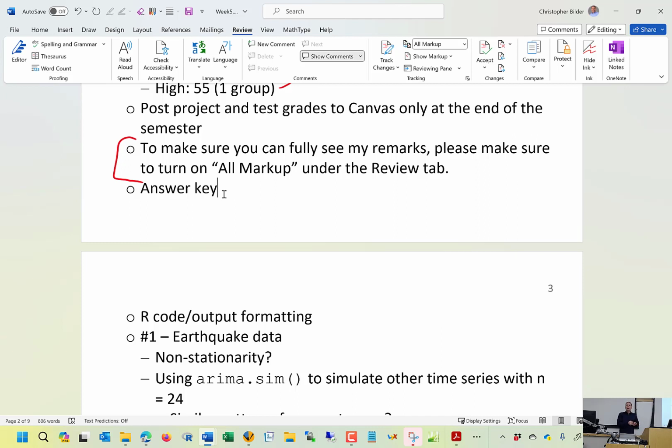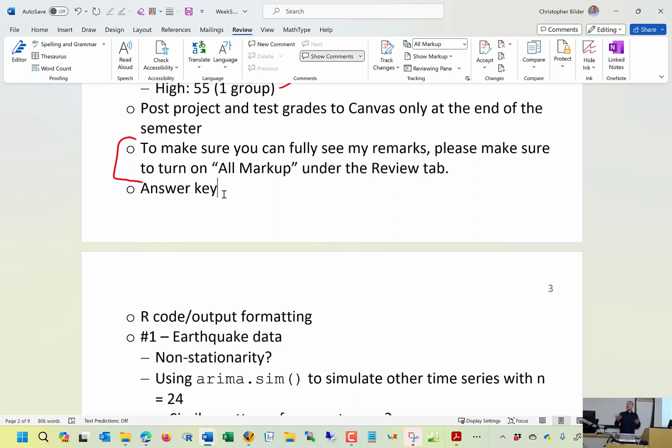In particular, for example, on number 1, when you needed to determine, based upon a plot of the data versus time, whether it is stationary or non-stationary, many students said non-stationary. We'll talk more shortly about why I think a better answer would be stationary.